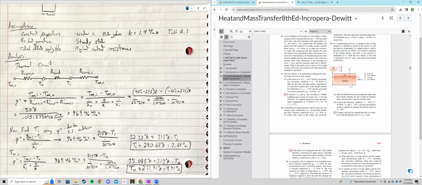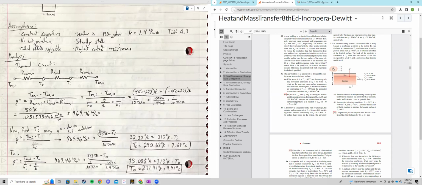For just finding TI, the convection is the only concern here. So we have T infinity I, the internal temperature of the vehicle, minus Ti, the first layer of the glass, divided by your R convection internal coefficient. So we have 1 over Hi. We don't know what Ti is yet.